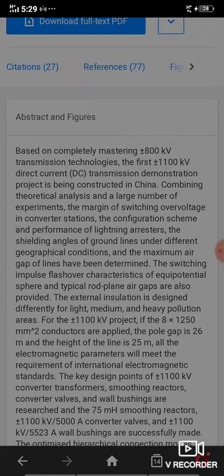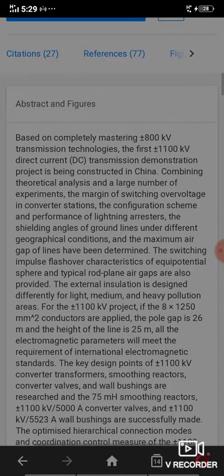That's really good. The margin switching over voltages convert station, the configuration scheme and performance of lightning arresters, the shielding angles of ground lines under different geographical conditions, and the maximum air gaps of lines have been determined.